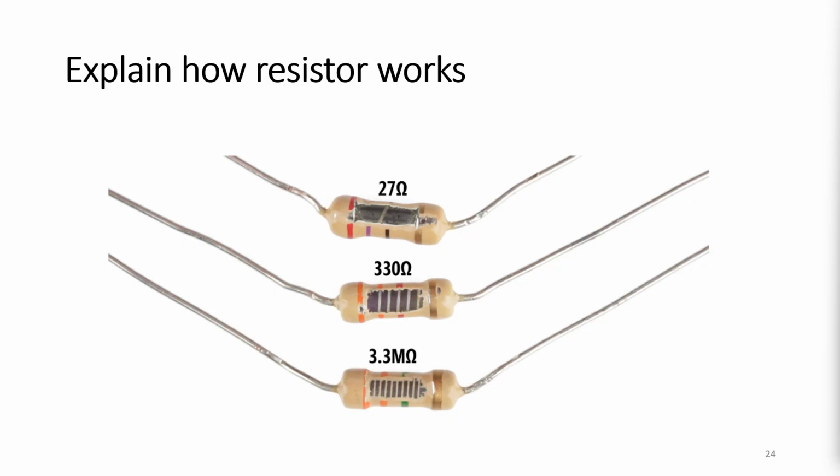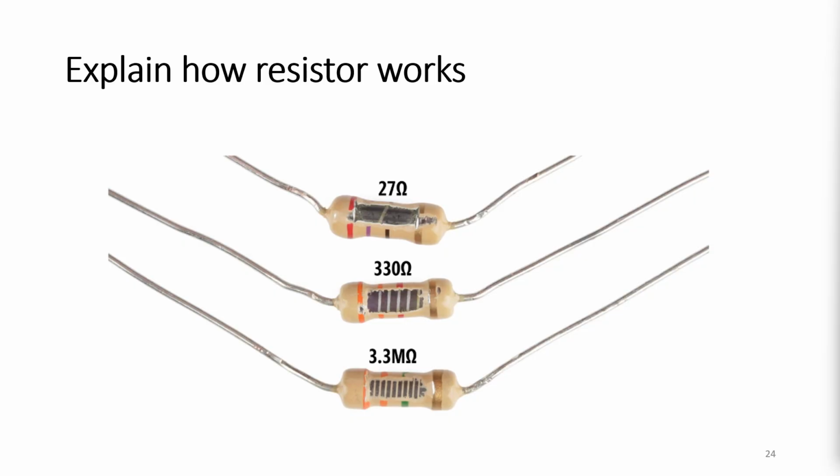The more wraps, the higher the resistance. This should make intuitive sense. Increasing the number of wraps simply increases the length of the resistive material, or the amount of resistive material, that electrons have to navigate through.